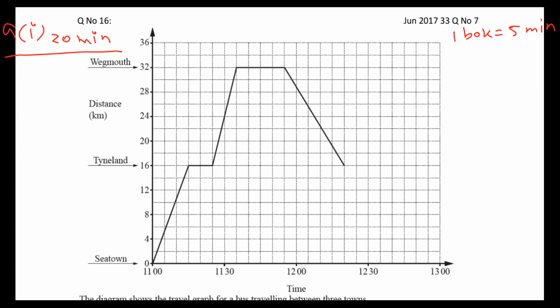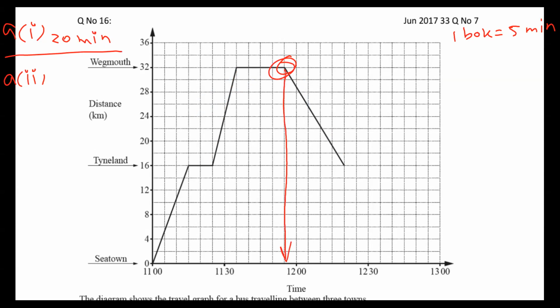So the first part is, Alhamdulillah, very clear. Next, the second part, A2. He's asking us to write down the time the bus leaves W. While returning, here the bus arrives and here the bus leaves. So he talks about this time. I repeat the question, A2: write down the time the bus leaves W. This is the time I have to check.